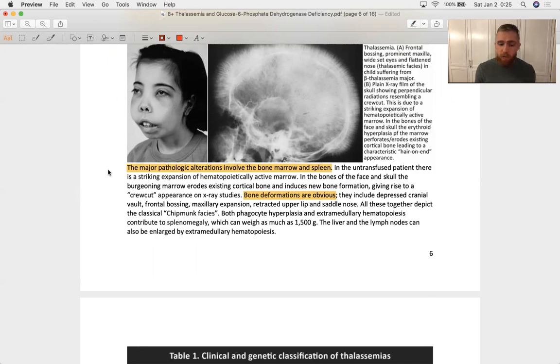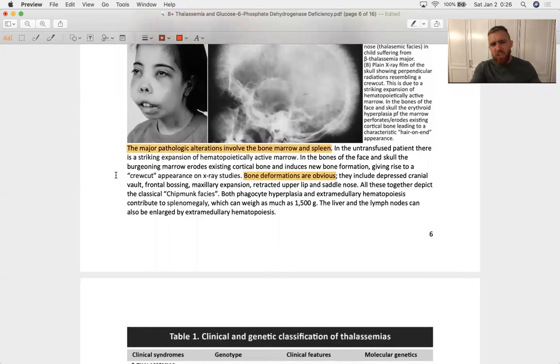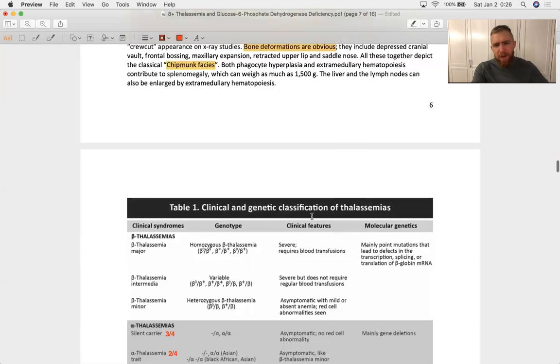Any other tissue that you could have a hyperplasia in, you know what that looks like. It's like a mole on your arm or something. Well, imagine your skull is the tissue undergoing hyperplasia. That's literally what's happening, and that's why you get these deformations of shape. So it's a chipmunk facies. I think that's kind of rude, but at the same time, we're only human.